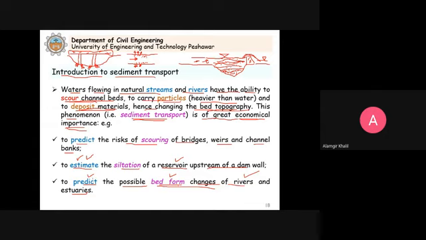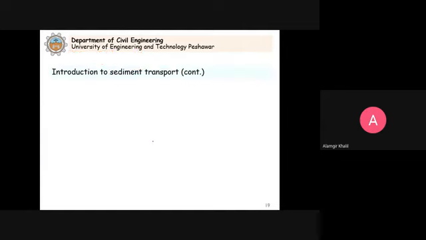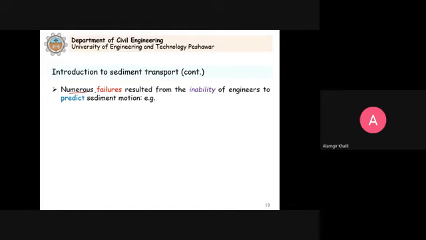Estuaries are the coastal areas where the river joins the ocean or the sea. So you can see here that we are very much concerned with these problems. These basically come as a result of sediment transport in rivers and streams. Numerous failures resulted from the inability of engineers to predict sediment motion.